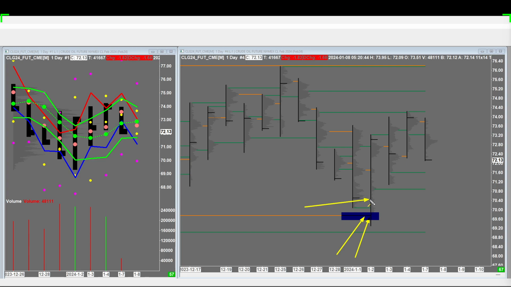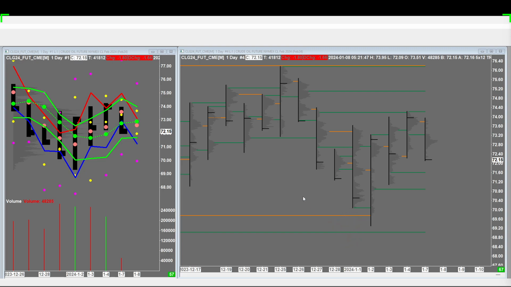If you know you've got to put your stop way back here, that's $1,000 stop on one contract for crude oil. So then you're looking at the charts thinking to yourself, well, where would a smart place be to put my entry order? Well, the volume point of control previously untested, there's a pretty high probability it's going to get down there and test that level. So why not put your order to go long right in that general area? Just put it right at that volume point of control.